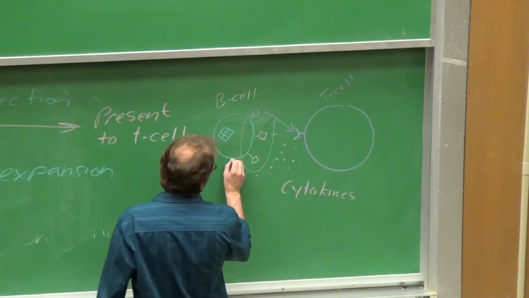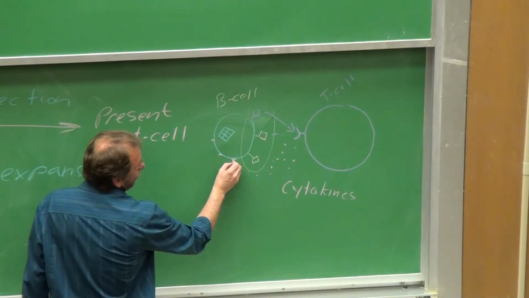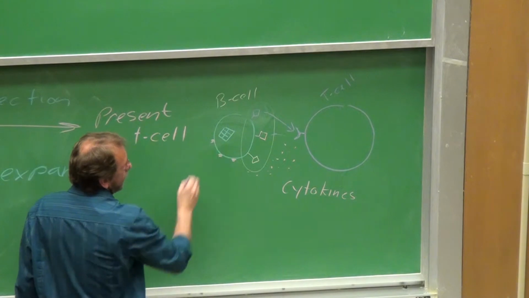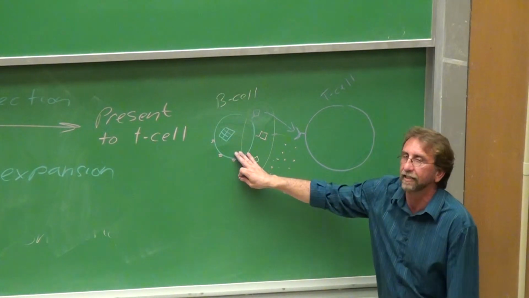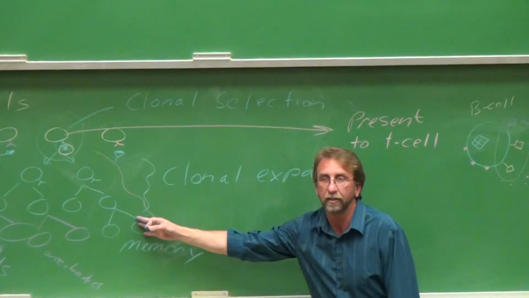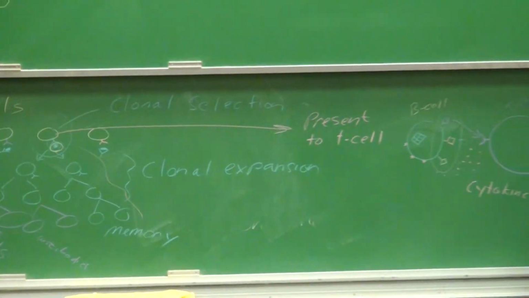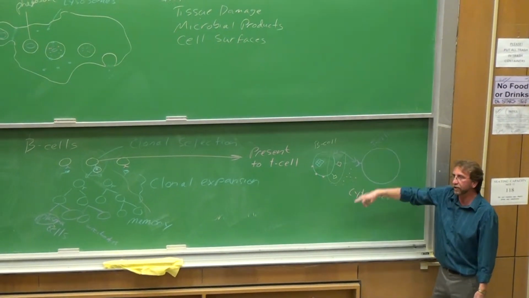And of course, our B cell has on its surface receptors specific for these cytokines. So those cytokines bind to the B cell surface, and that initiates the clonal expansion that we see here. So the B cells will only undergo clonal expansion if the T cells tell them it's okay.